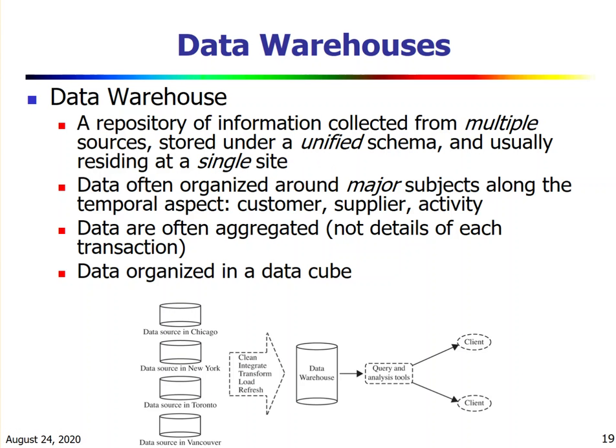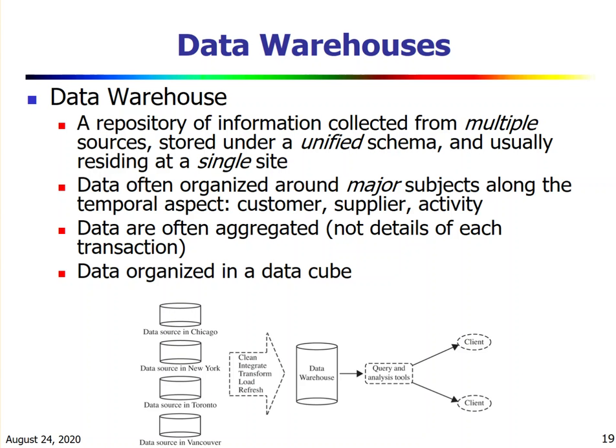In chapter 4, we're going to look at a few variations, but that's the general concept of a data warehouse. Also different from transactional databases, the data warehouses are organized around major subjects. So you might have a customer data warehouse, a supplier data warehouse, an activity data warehouse. Each of those data warehouses answers customer related, supplier related, activity related questions.